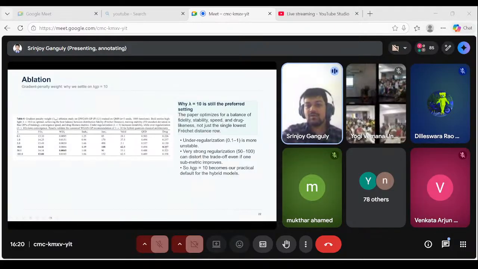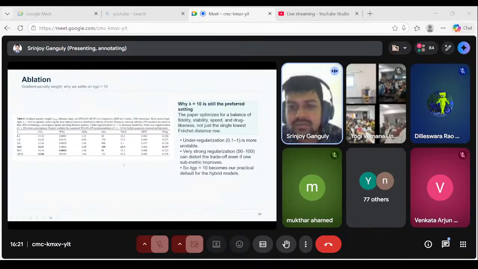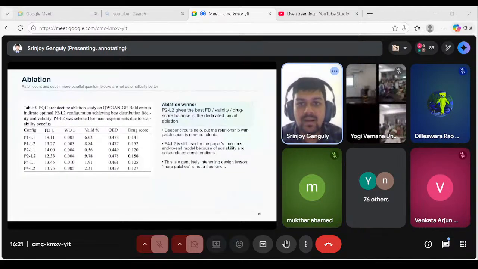The drug likeness has improved, the validity has improved, the stability has improved, and the threshold distance as well. And the Wasserstein distance is not too bad. It's okay. So that's why we chose lambda equal to 10 as our default for the experiments that we do.